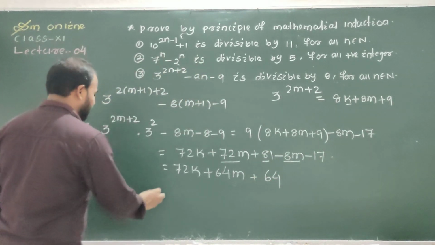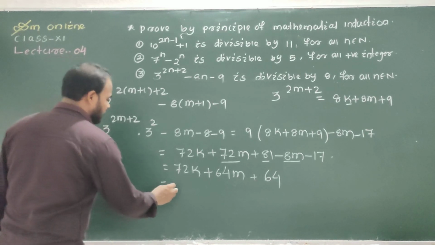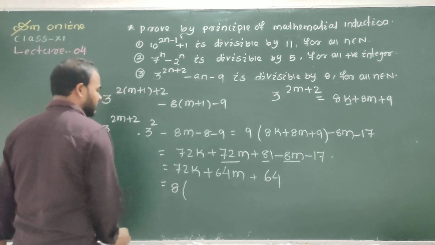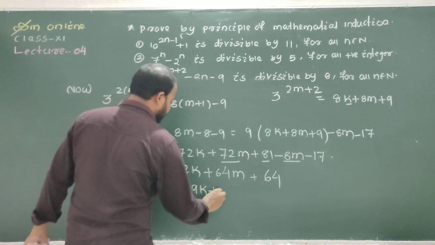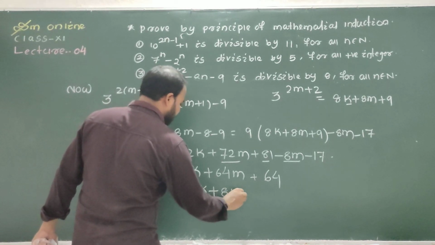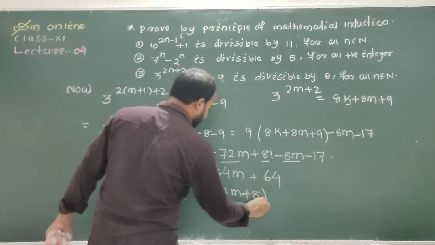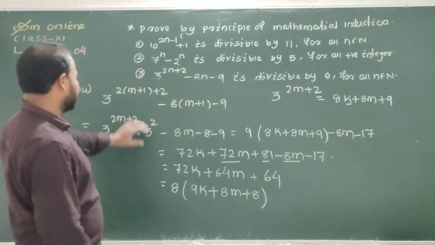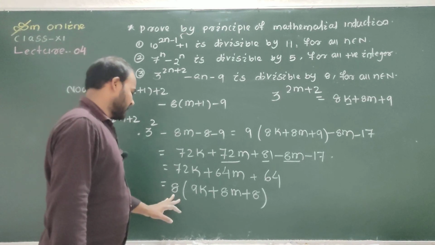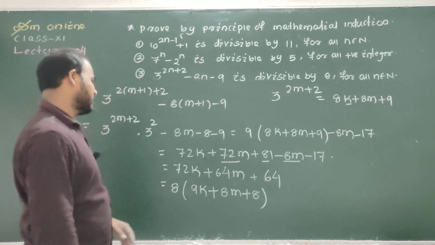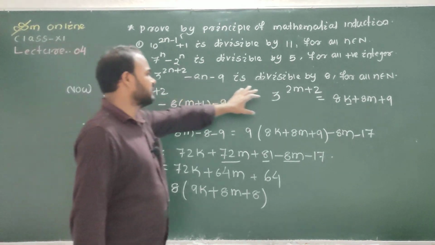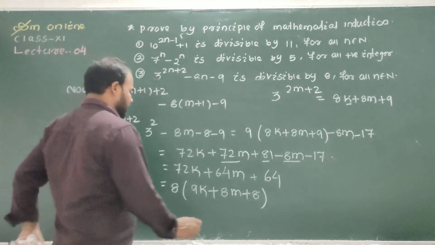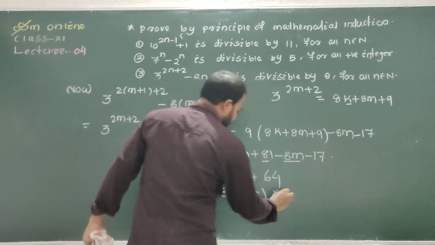If we take the common factor 8, we get 9k plus 8m plus 8. So this is a product of the common factor 8, so the total is divisible by 8.